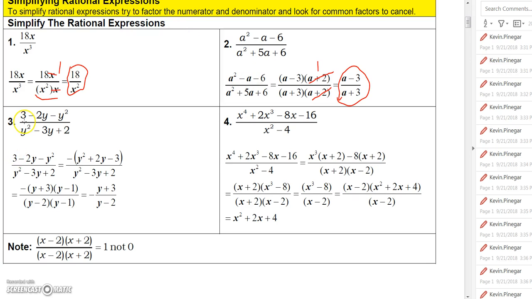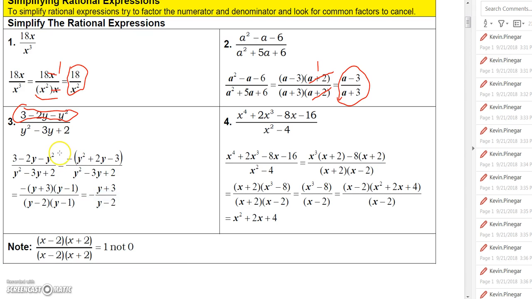Now on number 3 here, I have 3 minus 2y minus y squared over y squared minus 3y plus 2. I don't like having this trinomial written this way with the minus y squared. So what I'm going to do is, and you can see I'm going to do it down here, factor out a negative 1.